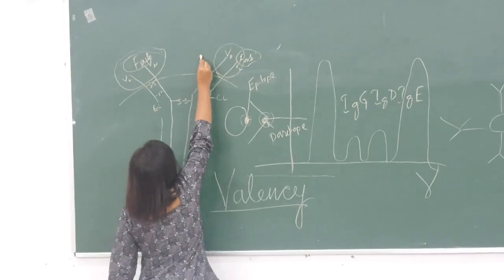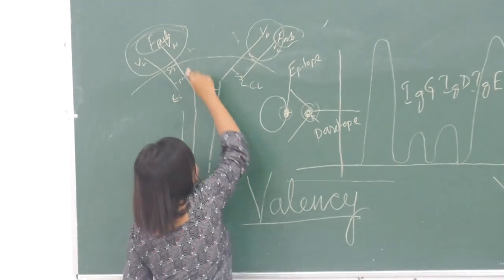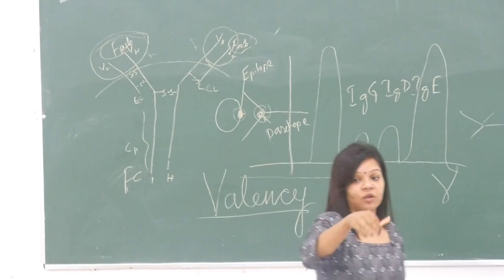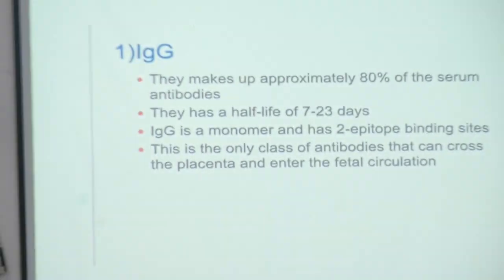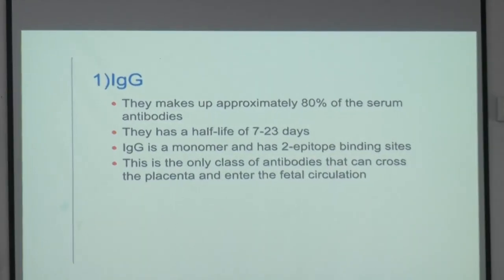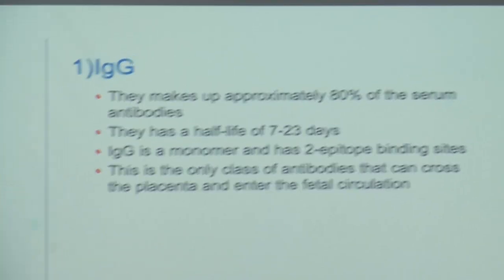So this has two epitope binding sites. This is one and this is the other. Okay, and it has two paratopes. This is the only class of antibody that can cross the placenta and enter the fetal circulation.